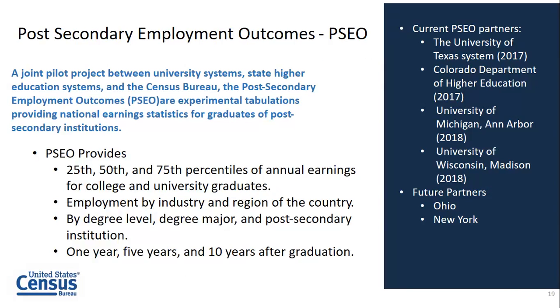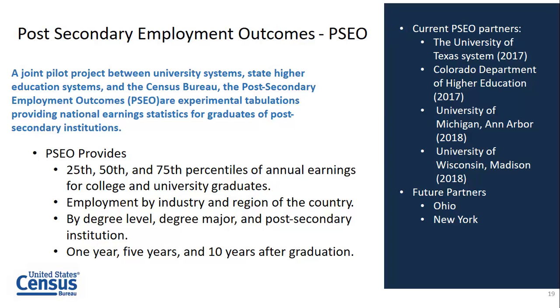By matching university transcript data with National Database of Jobs, PSEO provides annual earnings of graduates in the 25th, 50th, and 75th percentile and traces graduate movements from post-secondary institution, degree level, and degree major to employment by industry and geographic labor markets. Transcript data is provided to the Census Bureau by higher education systems and individual colleges and universities through data sharing agreements with the Census Bureau.